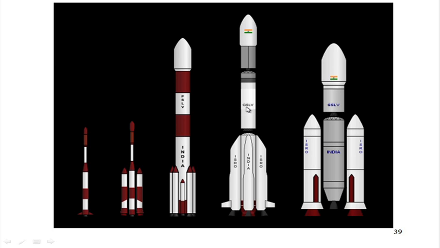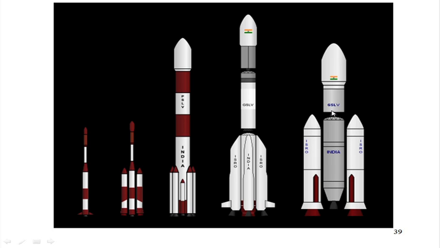Then GSLV, geosynchronous launch vehicle, is bigger than this. You can see the height, and here also the satellite is put in the nose cone. INSATs are launched with this, and sometimes the ISRO people call it GSAT because it is launched by GSLV. Satellites are inside this nose cone.